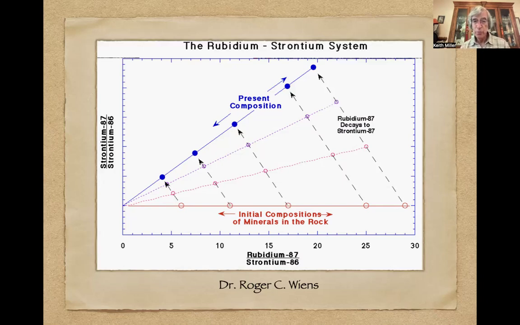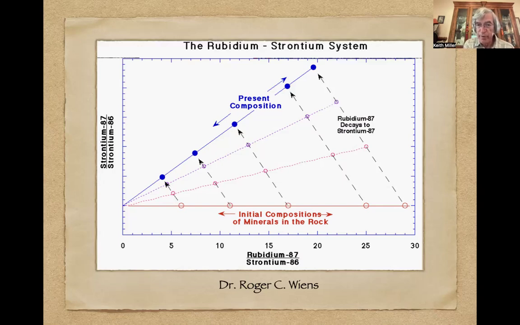But over time, what happens is the rubidium changes to strontium-87. So if you take one of those dots, after a certain amount of time, the rubidium 87 will decay.